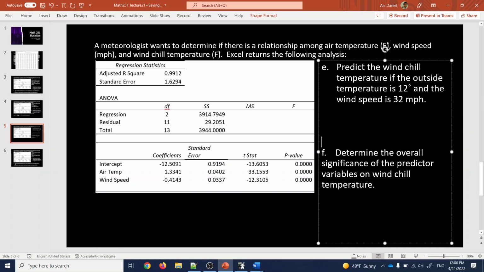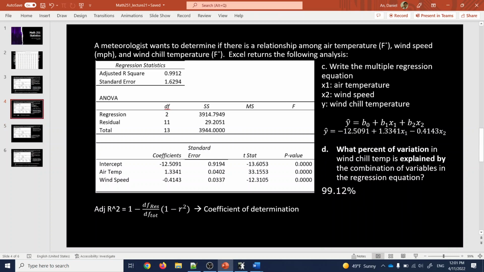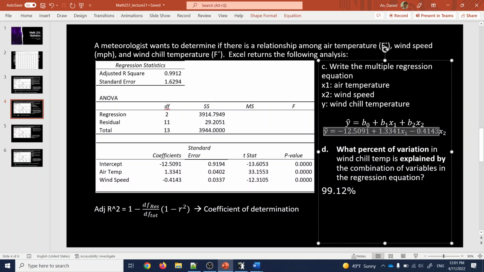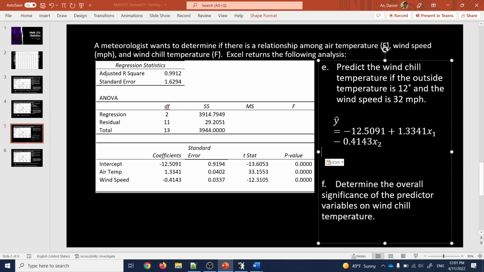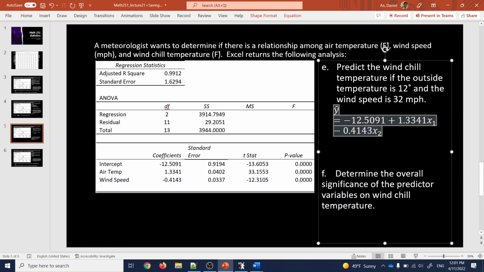We just had a quiz on this, so you probably have a good idea what to use. What do I use if I want to predict? Yeah, the regression equation. We just use the multiple regression equation, which we found right here, right? So we are going to paste it right here. And what we need to do is just plug in the numbers.